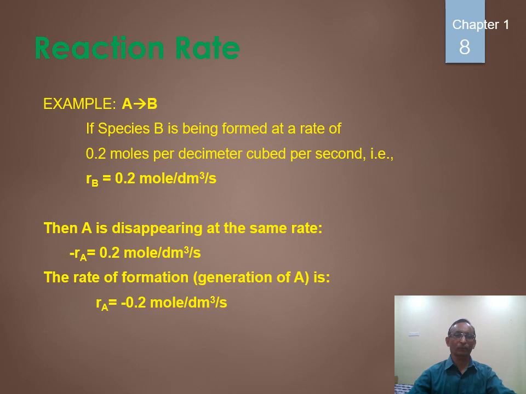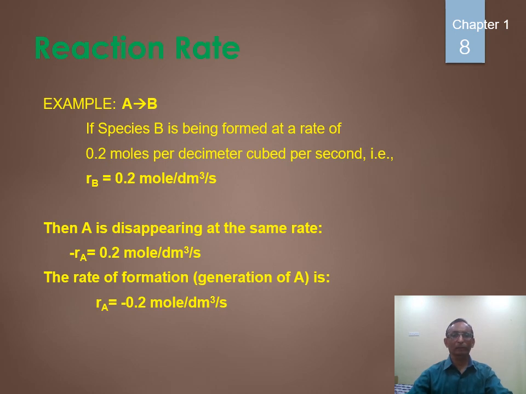You are going to get the options, and out of that you are going to select. At what rate is A going to disappear? 0.2, 0.3, 0.4, 0.5. If it is going to disappear at a particular rate, then B is going to form at that rate. If it is going to disappear at 0.18, then RB should be 0.18. So this way you have to remember this particular answer.